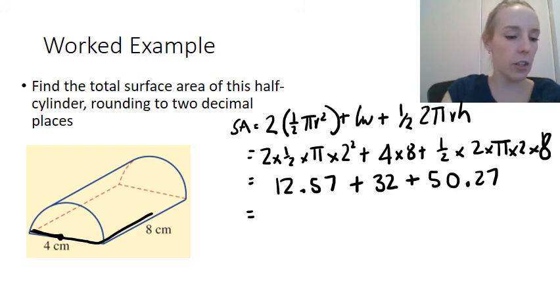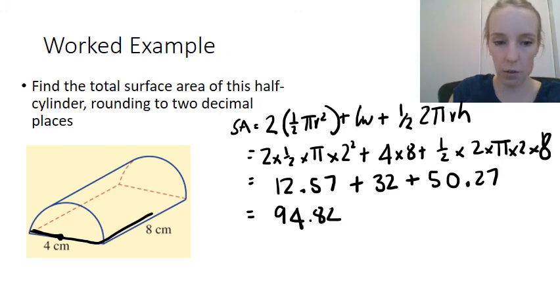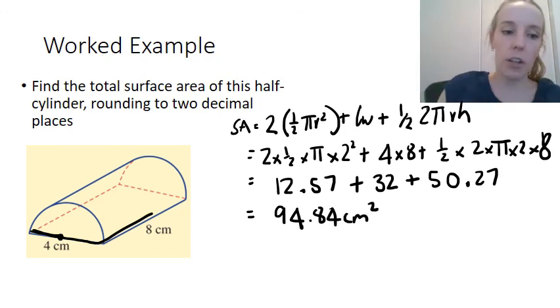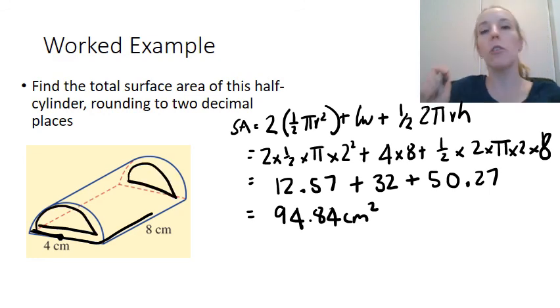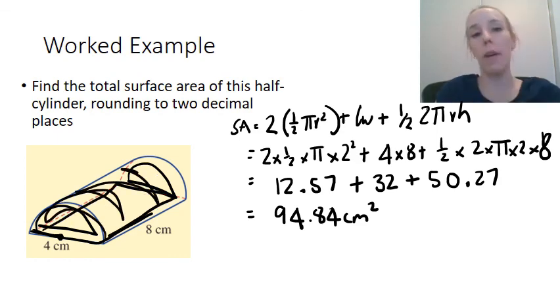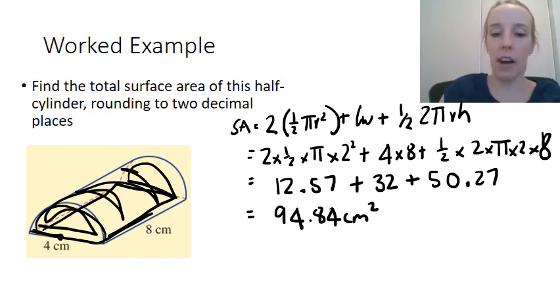Do that on my calculator, so 12.57 plus 32 plus 50.27, actually don't need to round that, so 94.84 centimeters squared, and that would be my surface area. So I've added up my surface area of 1 semicircle, another semicircle, so 2 half circles, the rectangular base, and then the half of a rectangle that's left when we open up that cylinder there, leaving 94.84 centimeters squared.